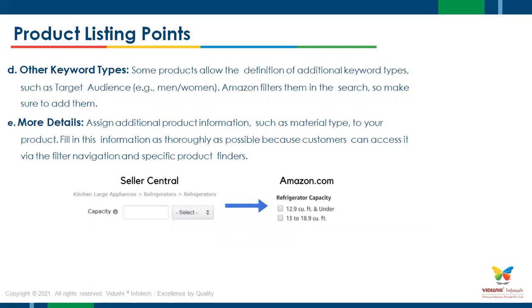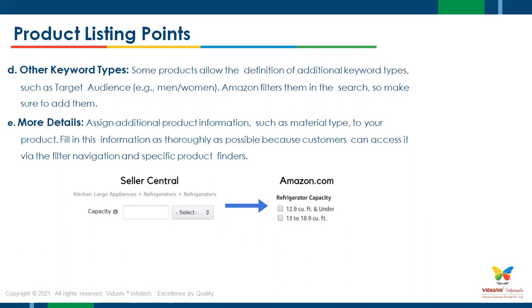Product listing points continued. Some other keyword types. Some products allow the definition of additional keyword types, such as target audience, for example, men or women. If a user searches denim jeans for men, so men can be considered as a keyword.